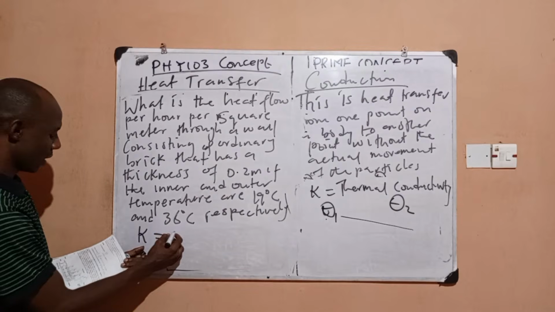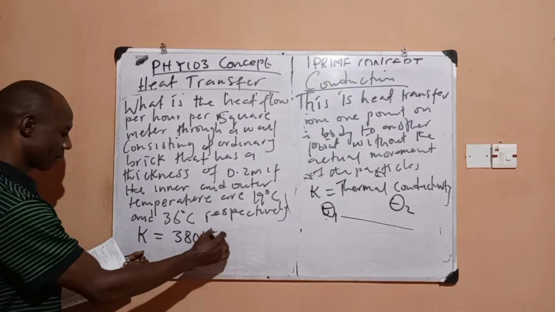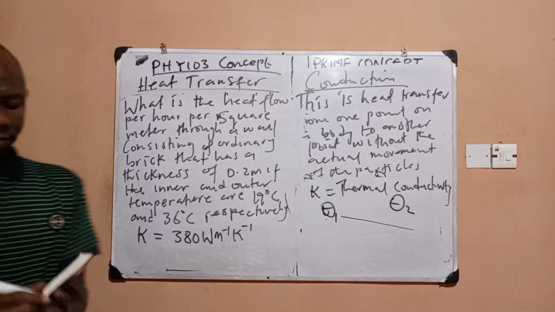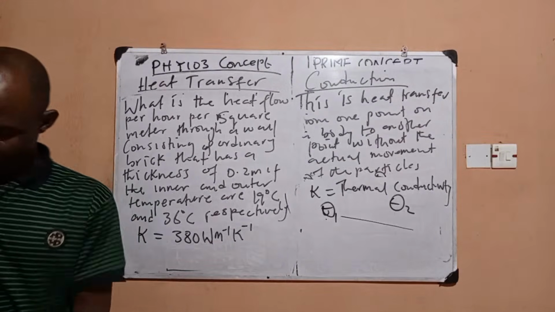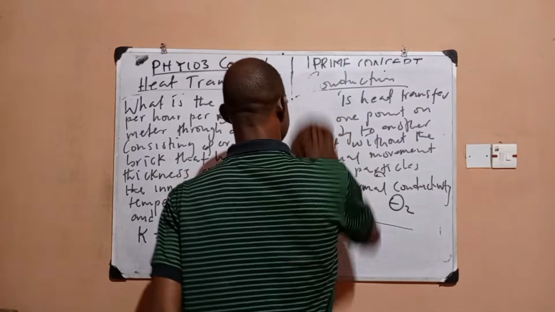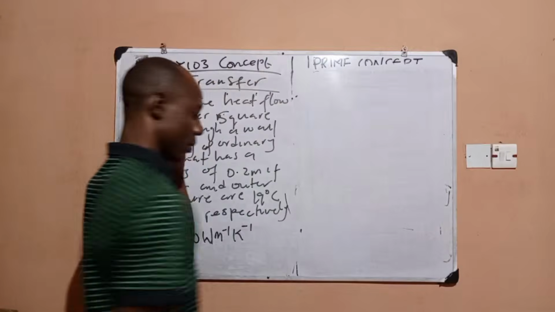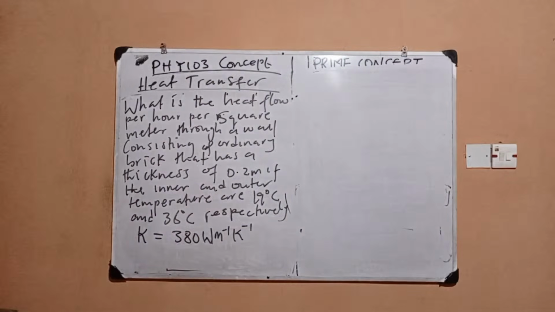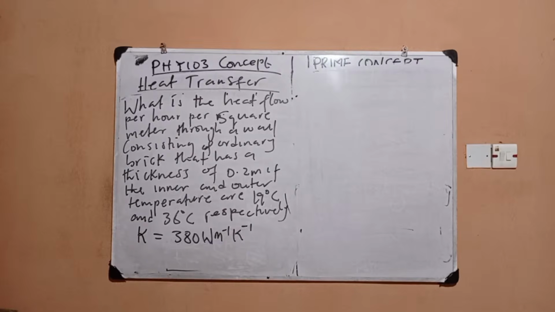Let's assume that K is 380. So that is K. Are we still together? Should I solve or you want to attempt?